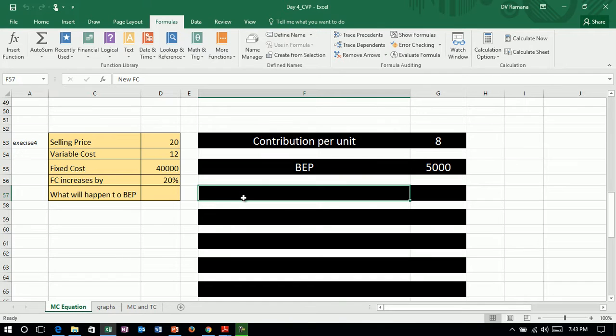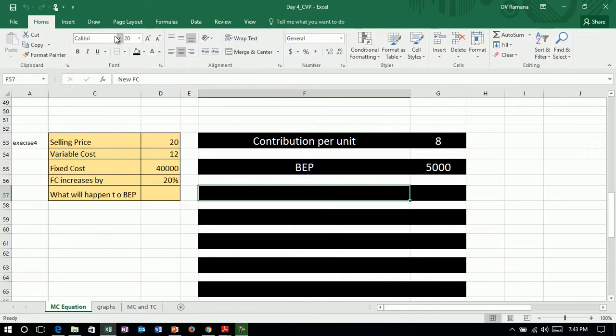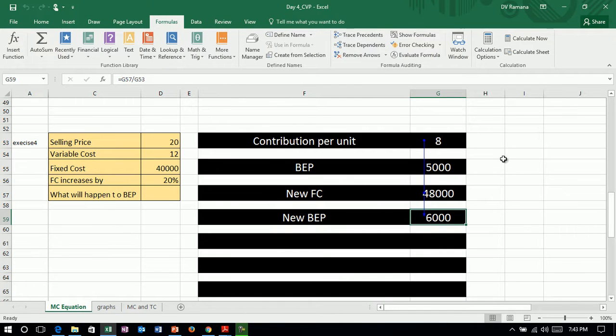If the fixed cost increases by 20%, the new fixed cost will be 48,000. As a result, we have to sell more to break even. So the new break-even is equal to the new fixed cost divided by the contribution per unit.